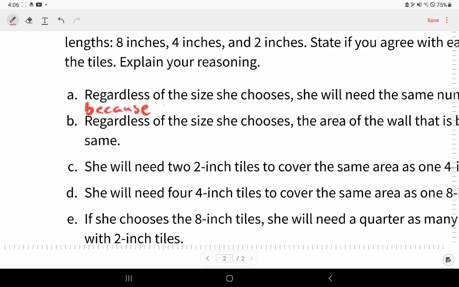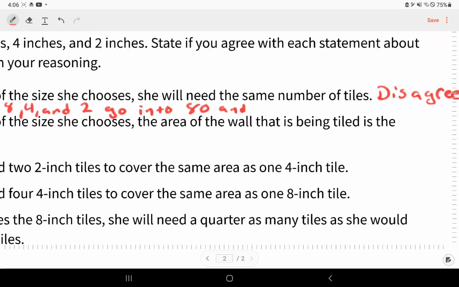Because 8, 4, and 2 go into 80 and 40 different amounts.